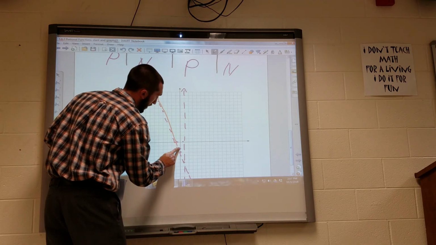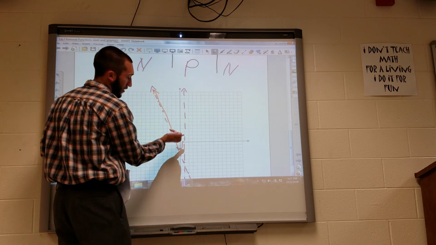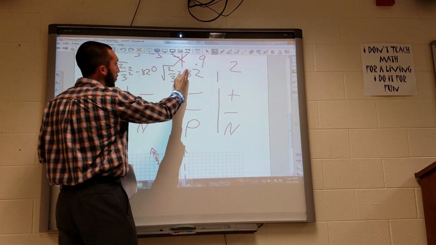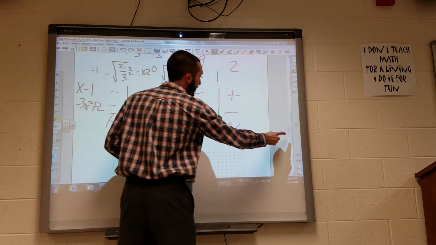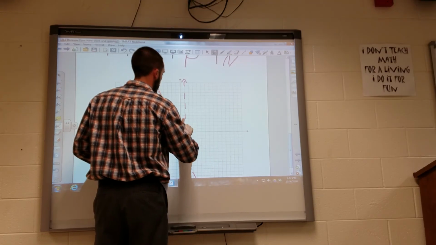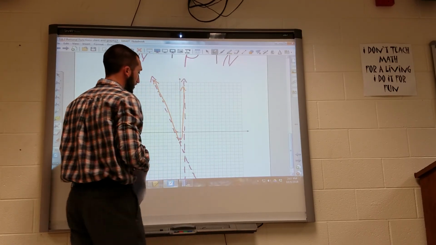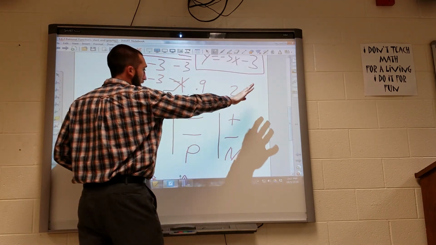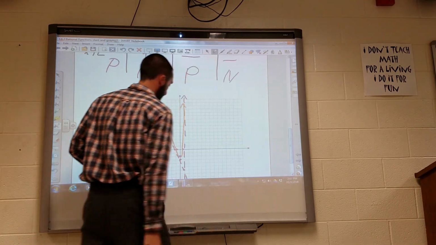So in between these values, I'm negative, right? The whole time I was negative. And then from positive 0.82 to 1, I'm positive. And then for every value greater than 1, my graph is negative.